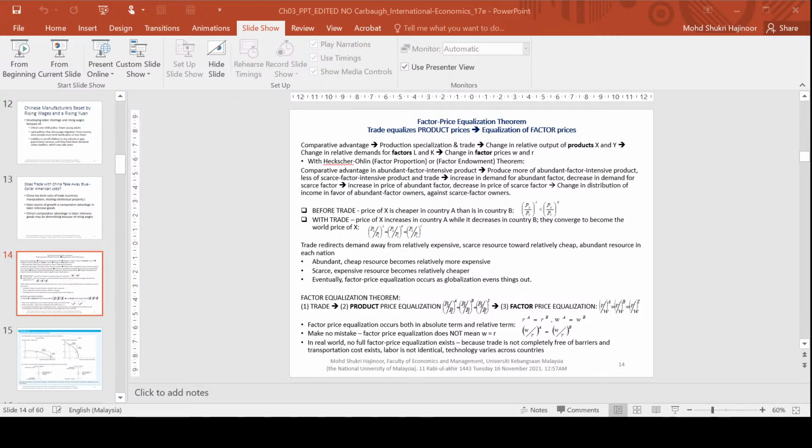Also, imports of a product that embodies large amounts of relatively expensive resources, not available in the country, make those resources less scarce and drive the prices of the factors down. Not only that, this happens with a magnification effect.